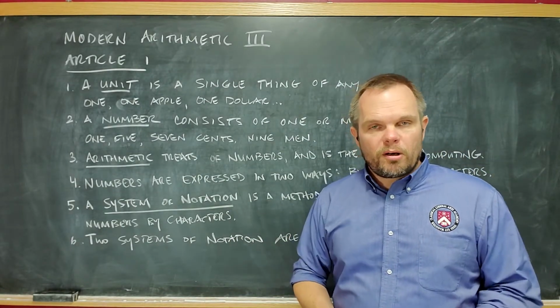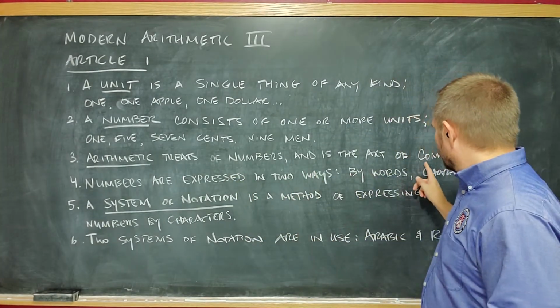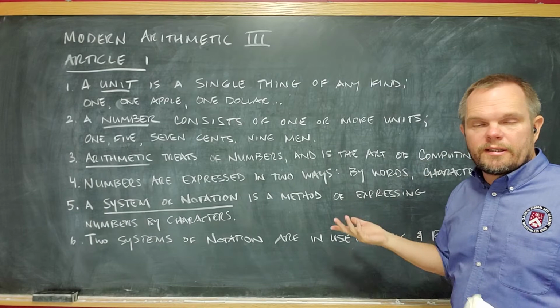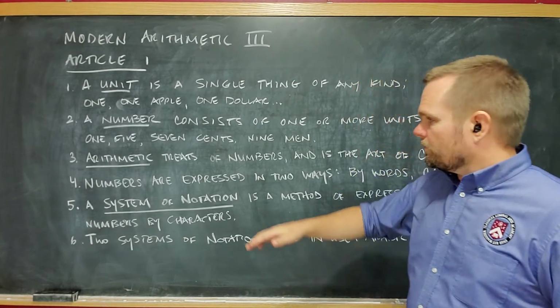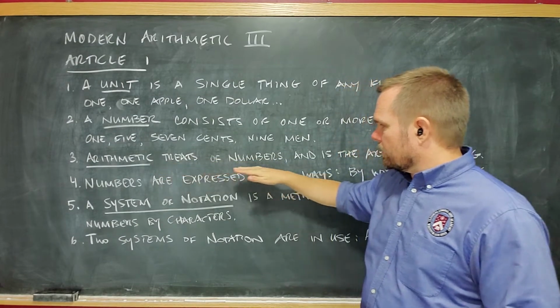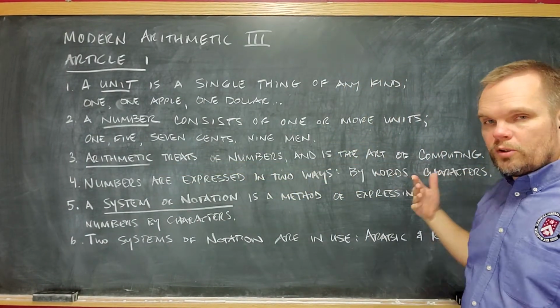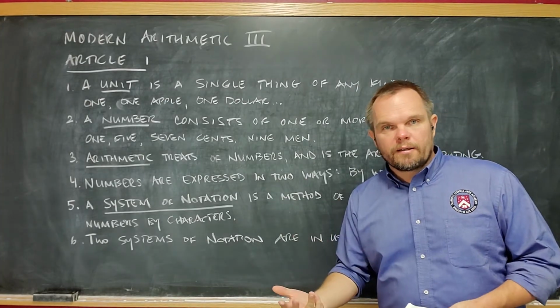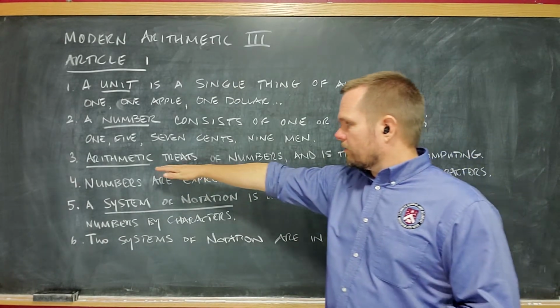You can solve problems in arithmetic using a calculator. This word computing means the same thing as calculating, okay? So arithmetic treats of numbers and is the art of computing or calculating by numbers. That's the meaning of arithmetic.